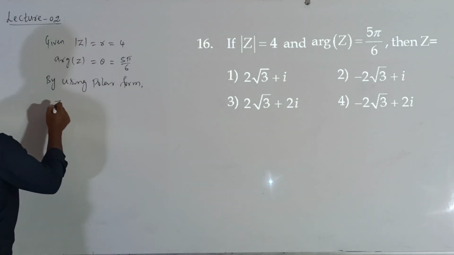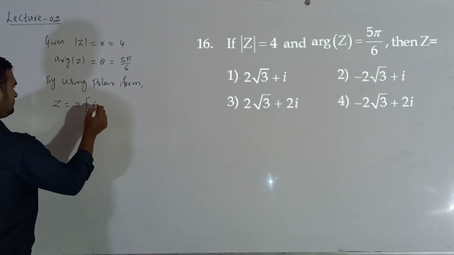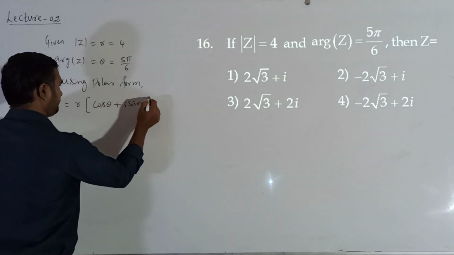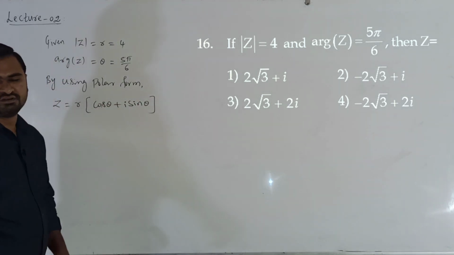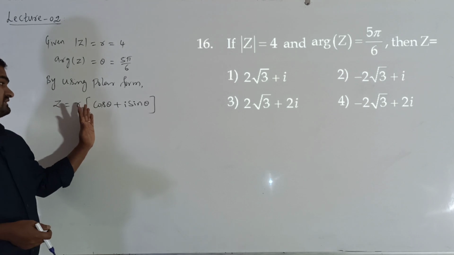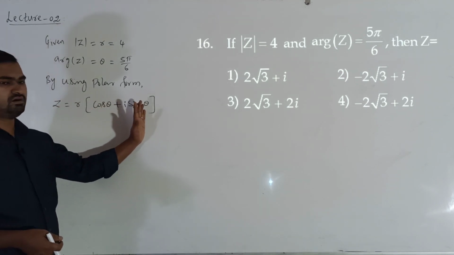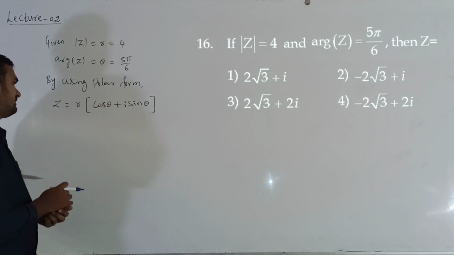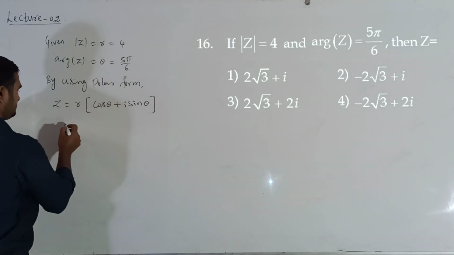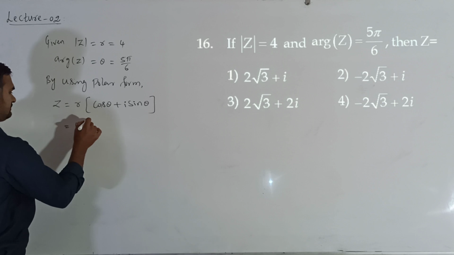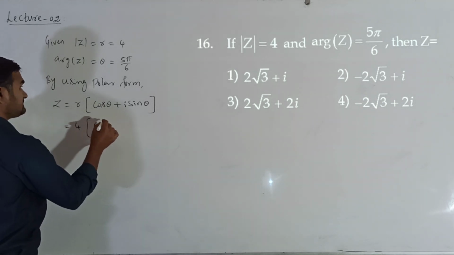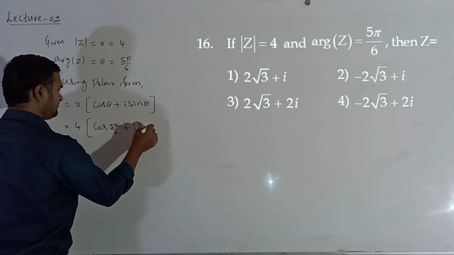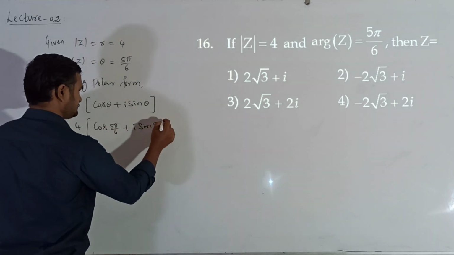By using the polar form, z can be written as r into cos theta plus i sin theta. Remember, when the modulus and argument of a complex number are known, we can write z by using the polar form, r into cos theta plus i sin theta. r is 4 into cos theta, theta is 5 pi by 6, plus i sin 5 pi by 6.